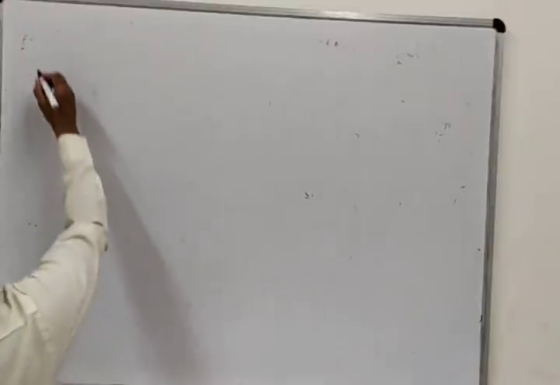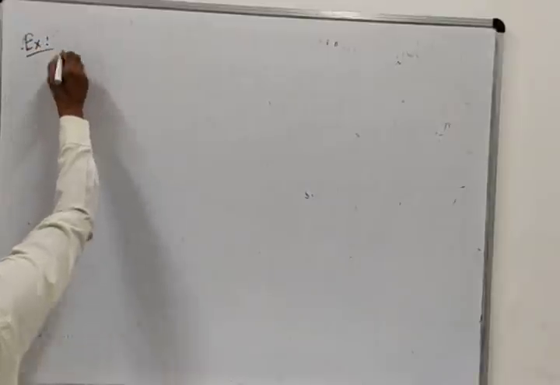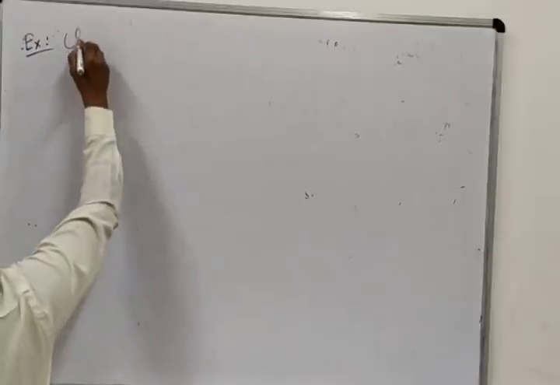Now let us see more examples based on this. Now let us see one more example. Sometimes this kind of example has been asked in the examination using Taylor series.